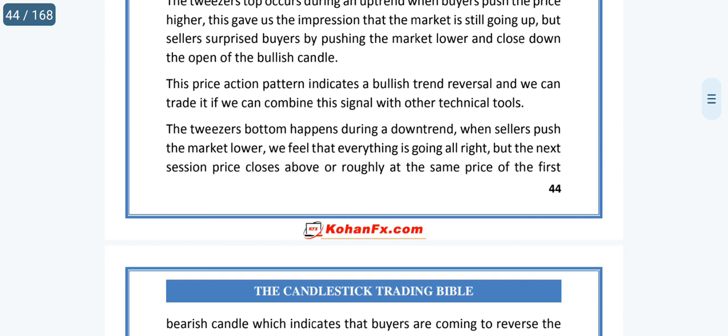The tweezer bottom candlestick pattern happens during a downtrend when the sellers are pushing the market lower.